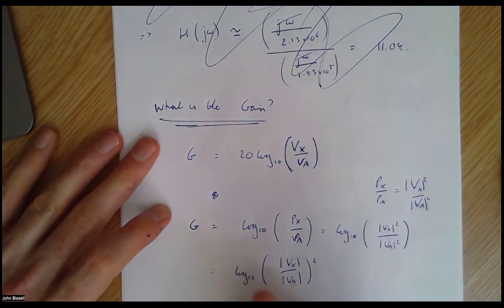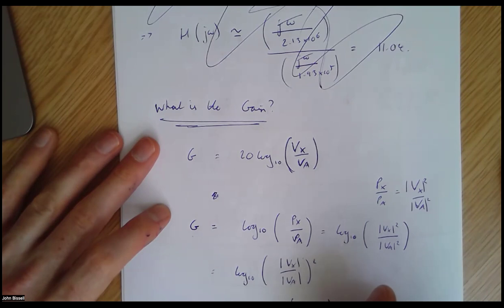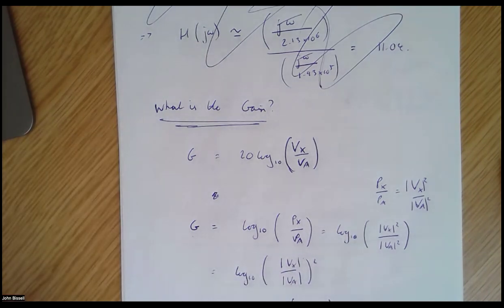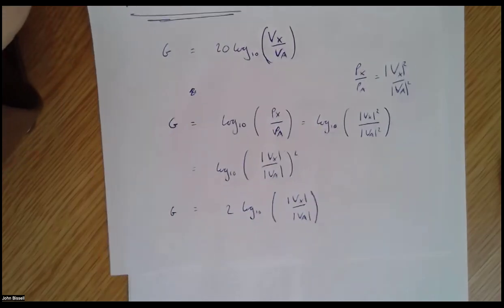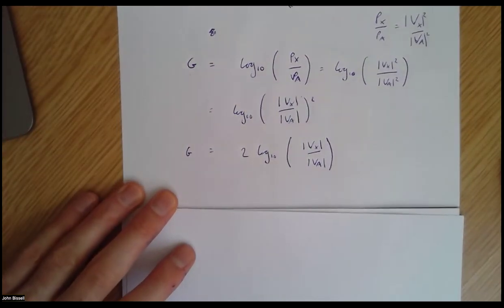So by our rules for logs, that's 2 log to base 10 of Vx over Va. So that's the expression for the gain.